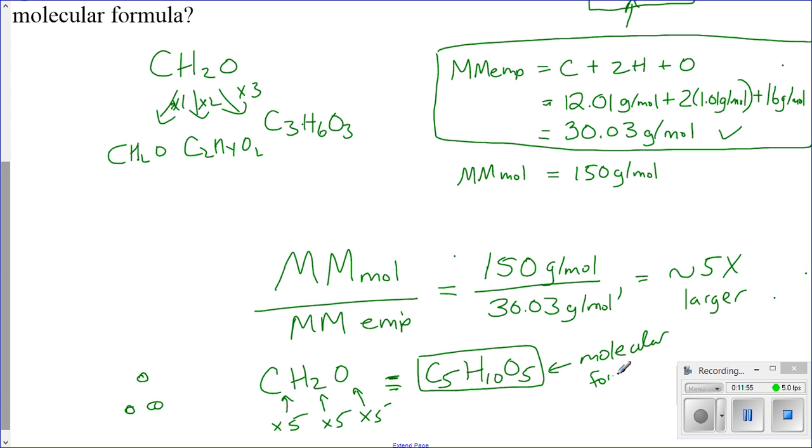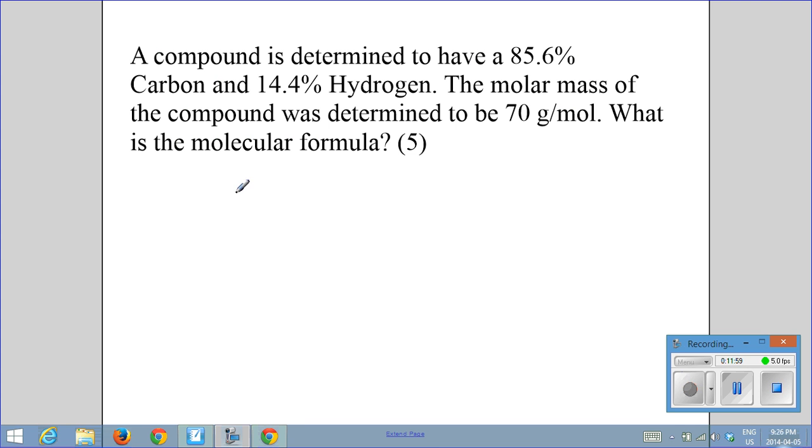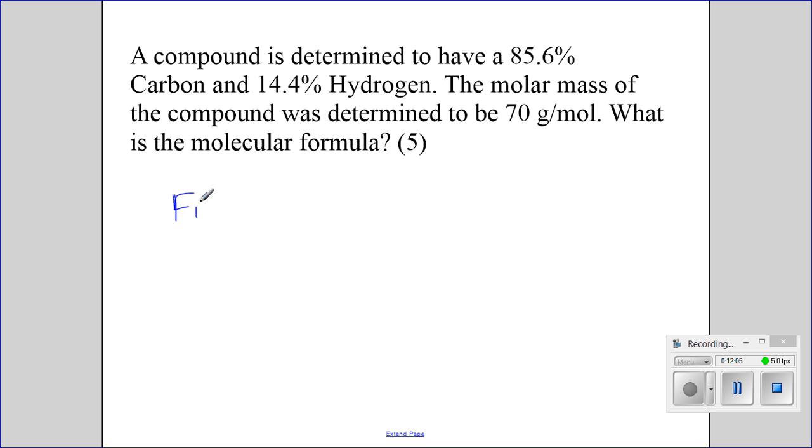I'm going to give you one question I'd like you to try for tomorrow. Okay, so first thing I'd like you to do is find the empirical formula, following the steps that I told you earlier. Assume 100 grams, then take your mass, turn it to moles, then divide by the smallest moles, okay?